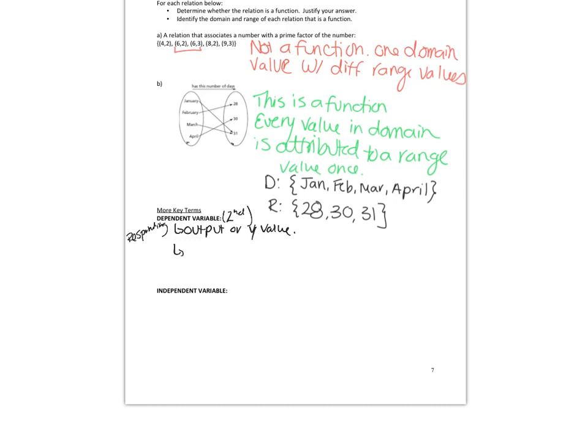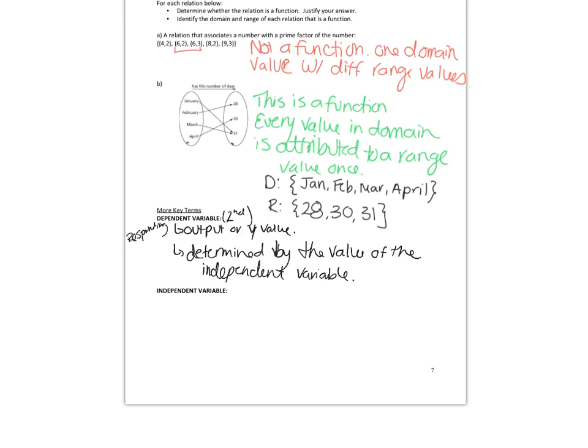Again, a dependent variable is a variable whose value is determined by the value of the independent variable. So, for example, the distance traveled on a road trip is dependent on the time spent traveling.